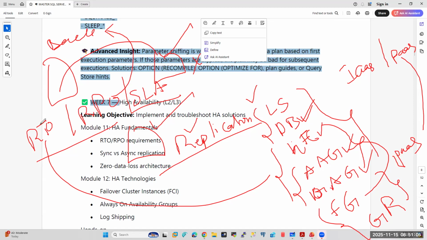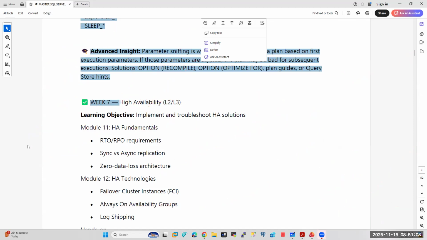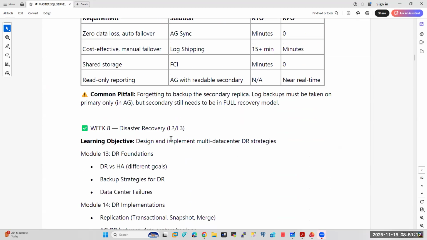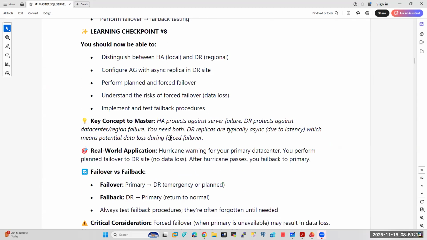Once we complete all these concepts, then finally we'll move into Azure SQL.